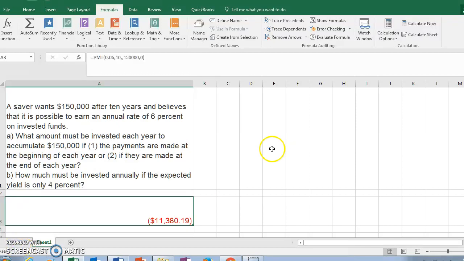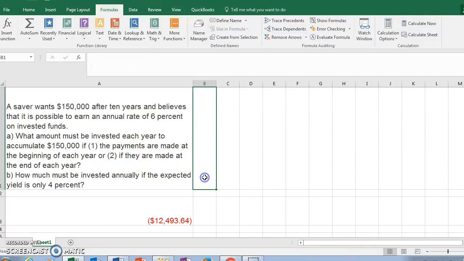Part B, the only thing I'm going to change is the interest rate from 6% to 4%, so I can do that right at the top of the financial function there. And if I leave it as an ordinary annuity, my answer is $12,493, which makes a lot of sense. If I'm earning less interest, I'm going to have to put more money in than if I would have earned the 6% interest.